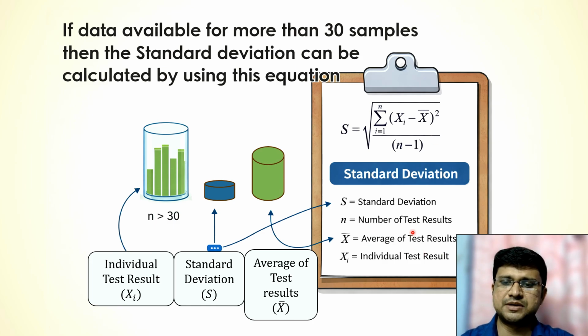N is the number of test results, and S is the standard deviation. Standard deviation value tells us how much the results are varying from the average. So suppose we have 30 data points, and this is the average, then the standard deviation will tell us how much the results are deviating from the average value.